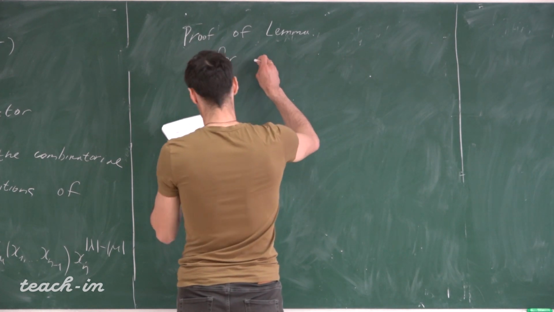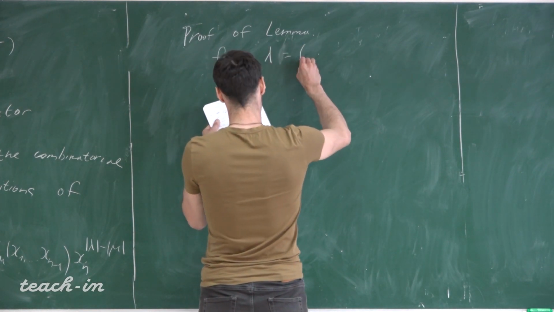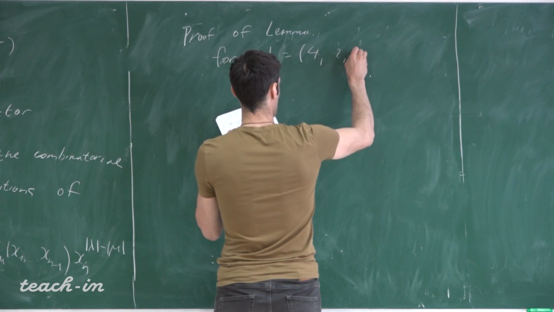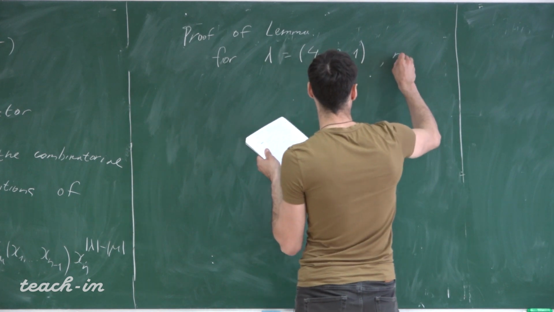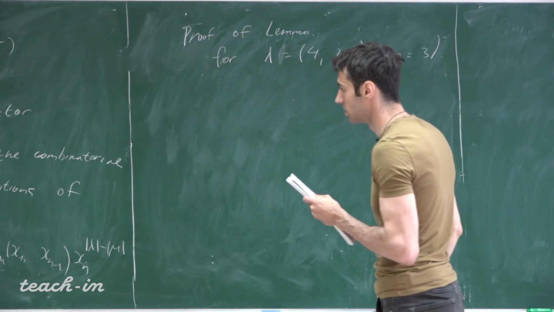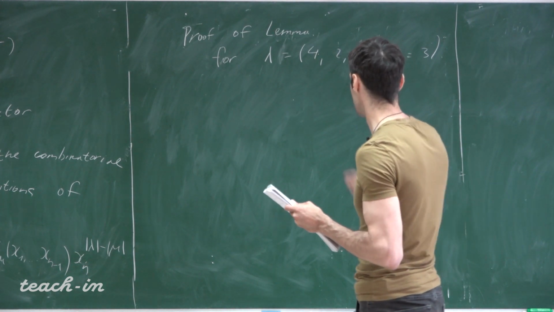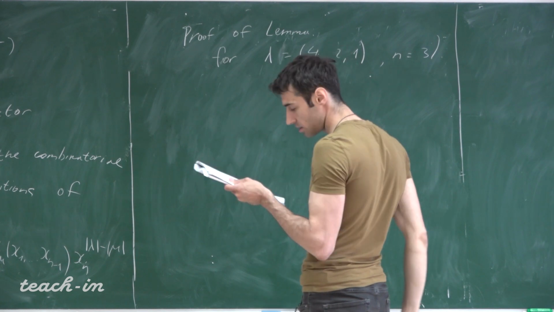So for lambda equals 4, 2, 1, and respectively n equals 3. So lambda 1 is 4, lambda 2 is 2, lambda 3 is 1.